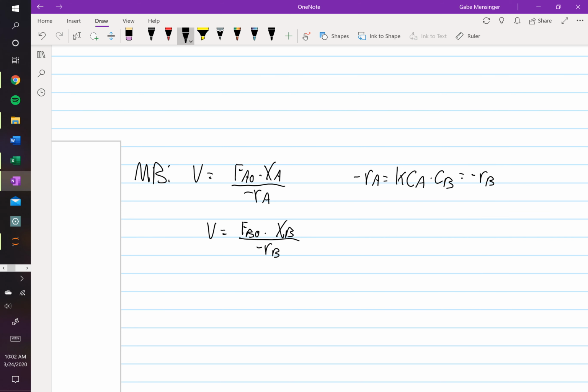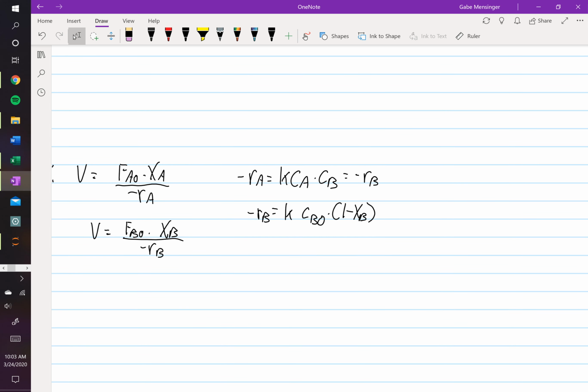Looking at the reaction rates, we want to write them in terms of conversion. We know that CB can be written as CB naught times 1 minus XB. And for CA, if you remember, for a liquid phase reaction the concentration is CA naught times theta I minus nu I over nu A times XA, where A is just whatever the limiting reactant is.